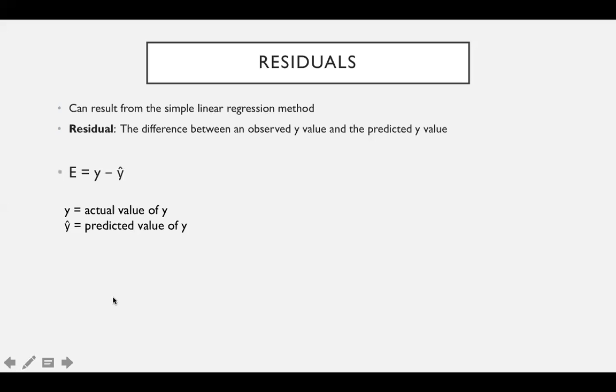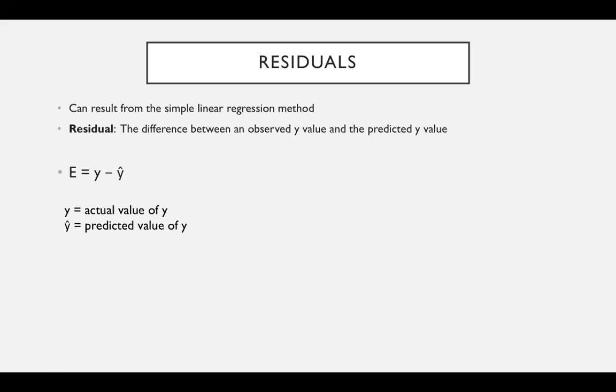So residuals, I think the residual makes it easier to understand the simple linear regression. Residual is the difference between an observed y value and a predicted y value. So it's the actual value of y minus the predicted value of y.